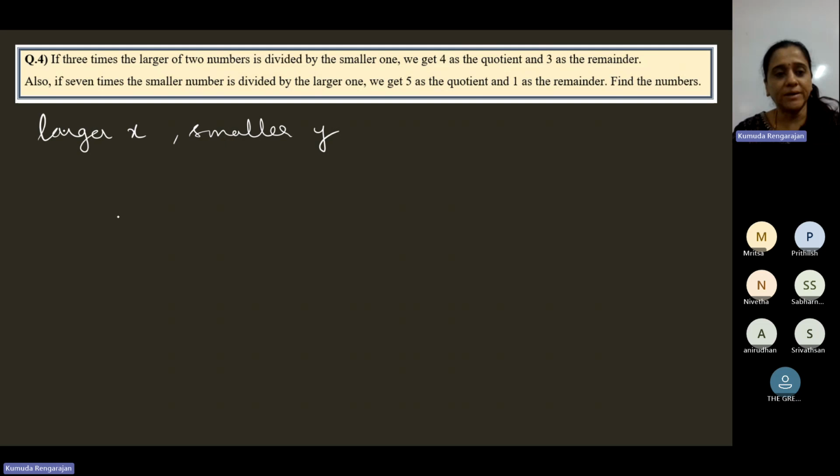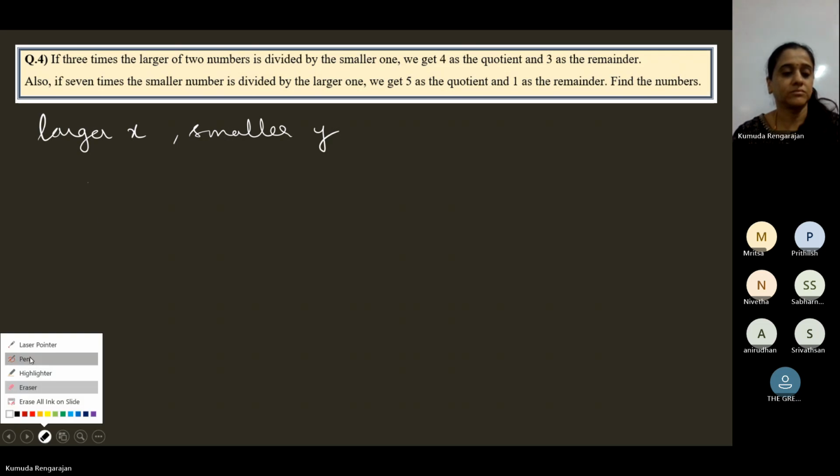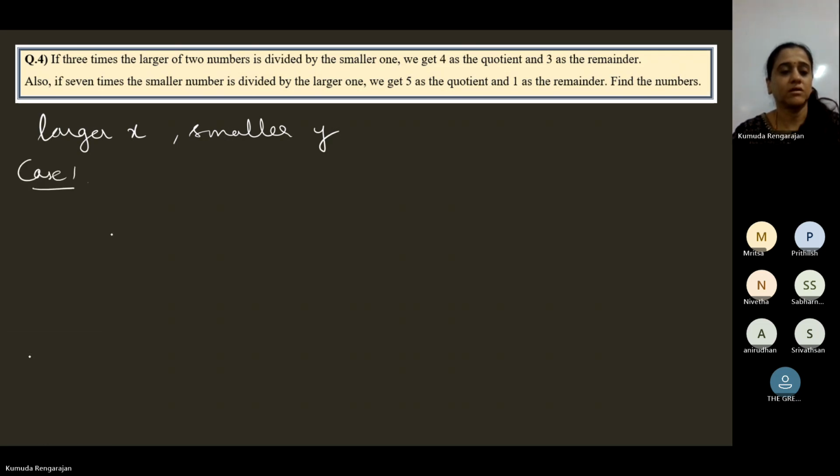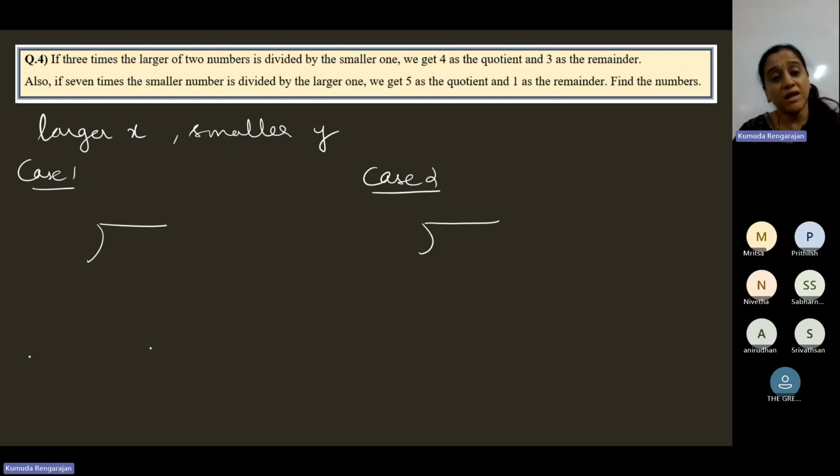If 3 times the larger of the two numbers, 3x, is divided by the smaller one, then we get 4 as the quotient and 3 as the remainder.